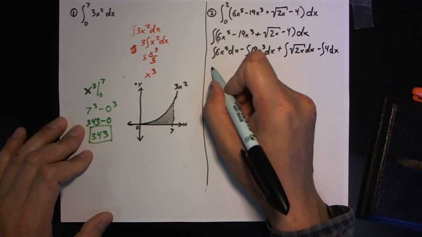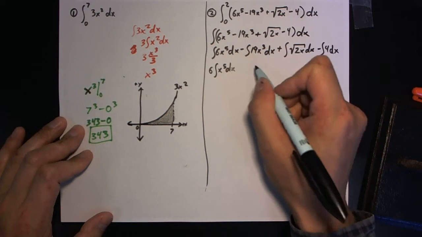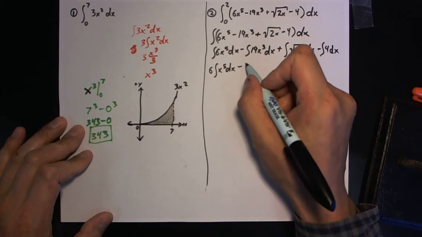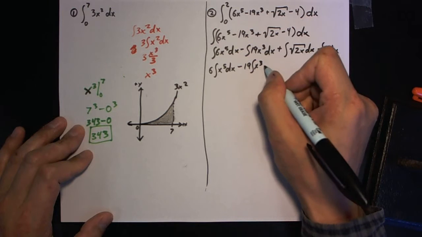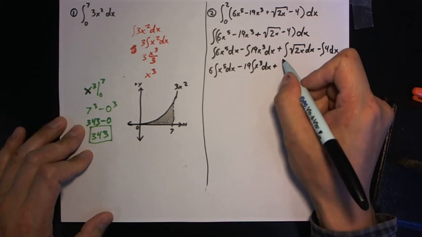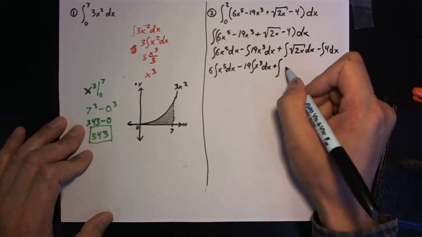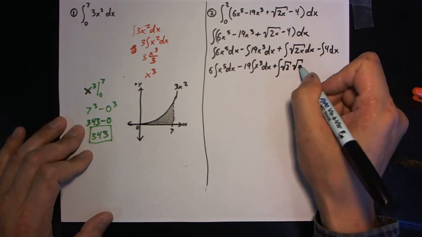Alright, so integral of this integral, we can factor the 6 out. This integral, we can factor the 19 out. And let me do a little bit of algebra here. Square root of 2x is the same thing as the square root of 2 times the square root of x.